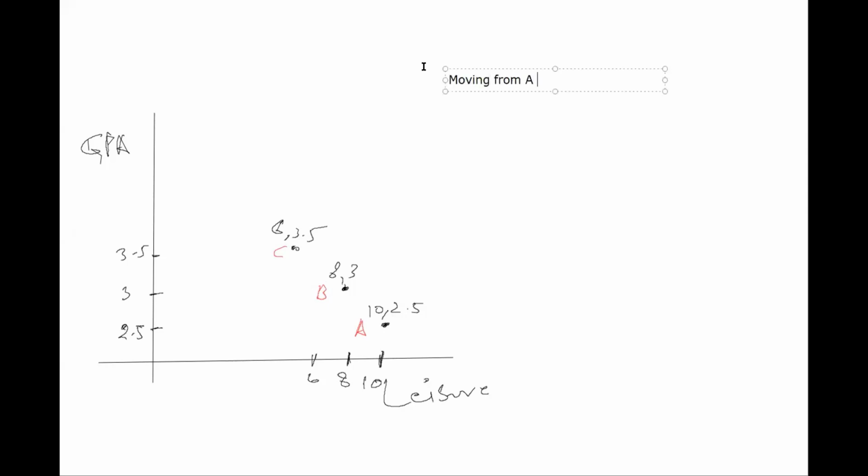Moving from A to C, we notice that layer time is decreasing, while moving from A to C, we notice that the GPA is increasing.